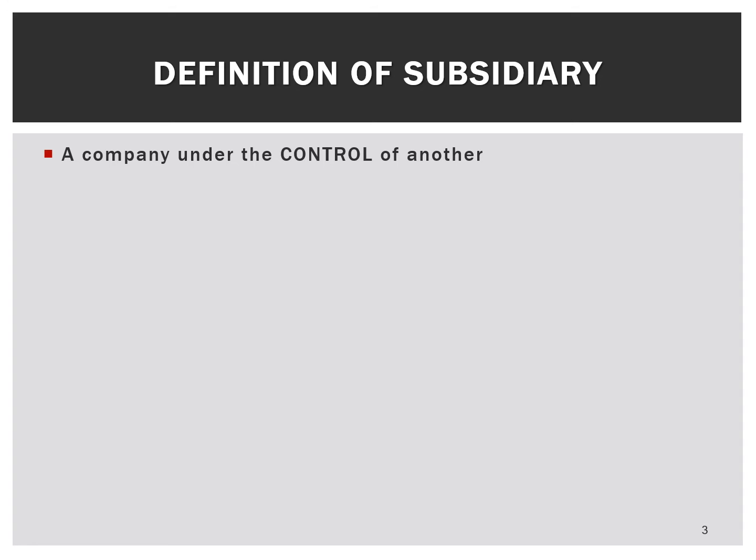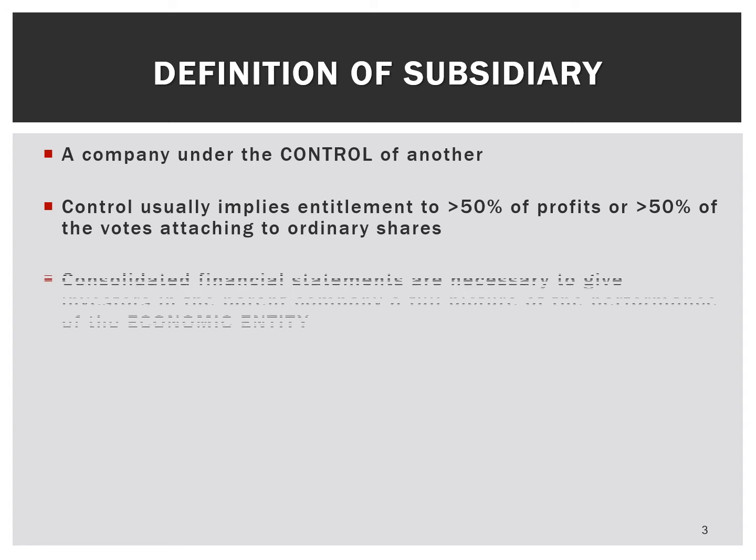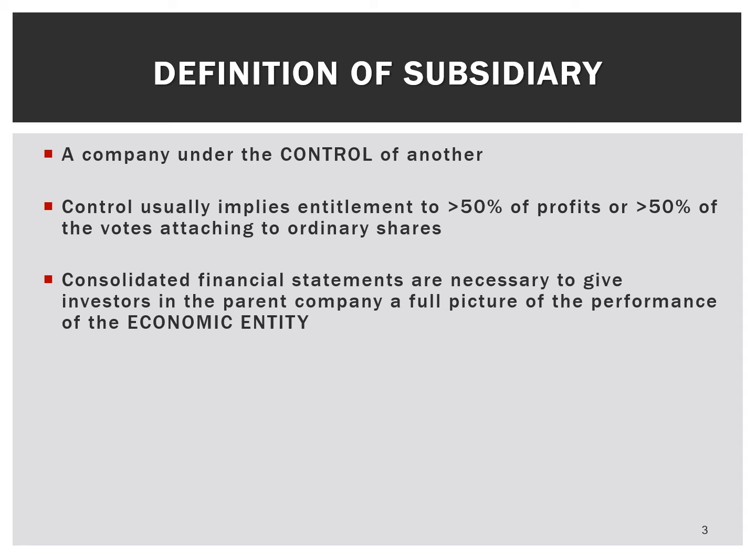Basically more than 50% of the shares, but control can be exercised in other ways, but control is the important word. And so we need to prepare a set of consolidated accounts which incorporate all of the business activities under common ownership.